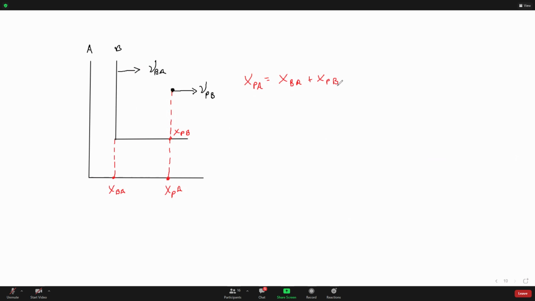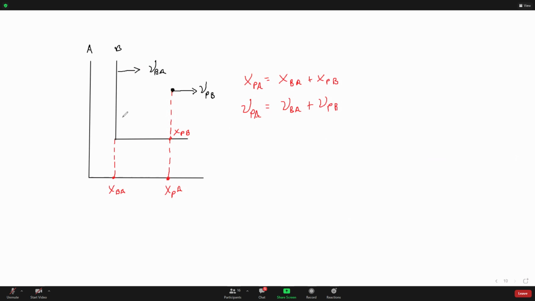Now, what about the velocities? Well, differentiate this all the way through with respect to time. And what you will end up with is the velocity of P in A is equal to the velocity of B in A plus the velocity of the particle in B.